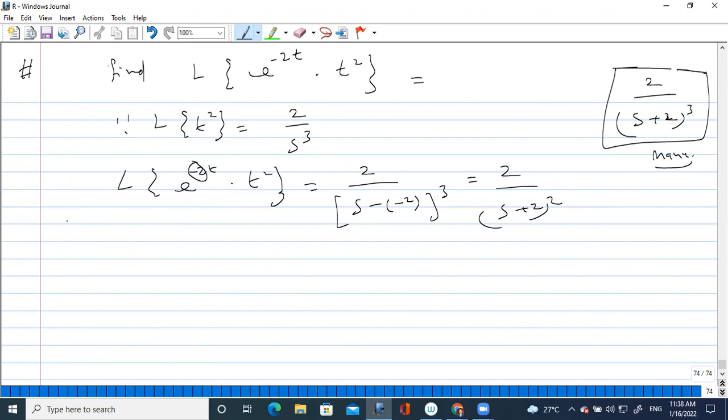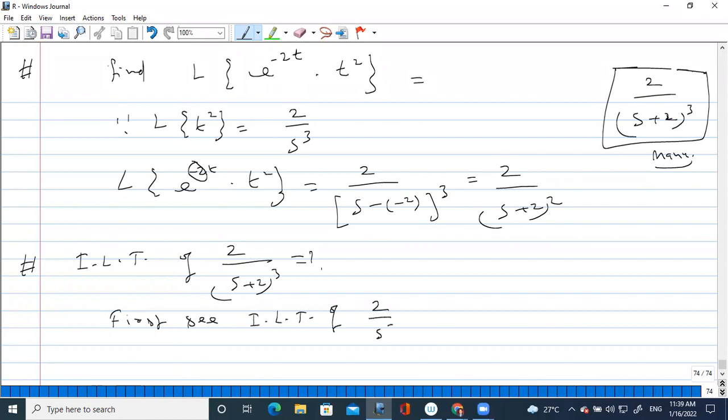Now, if someone asks you again the same thing, it means the shifting theorem also works for inverse Laplace transform. So inverse Laplace transform of 2 by (s plus 2) whole cube is what? For that also, first you have to see the inverse Laplace transform of 2 by s cube.